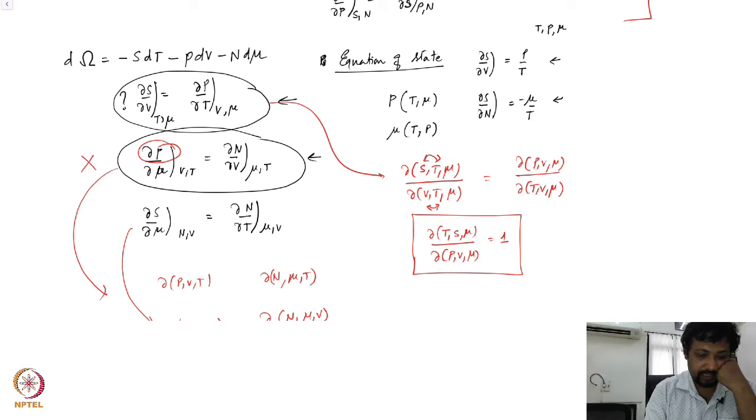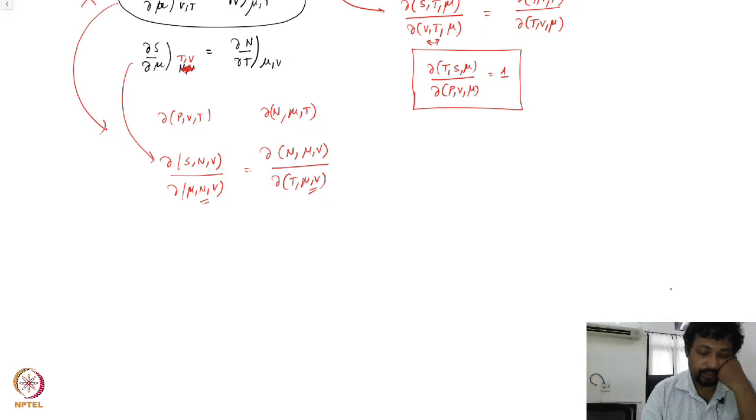So ∂S/∂μ with T and V held constant is ∂N/∂T with μ and V held constant. So this is the correct form.